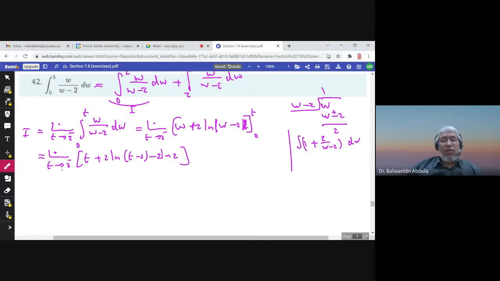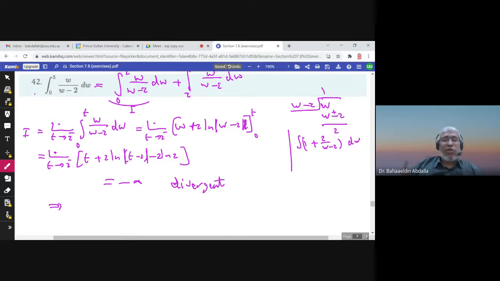If I replace t by 2, notice here I have 2 minus 2, that's 0. And ln 0 is negative infinity, ln 0 plus. So everything here would go to negative infinity, and this integral is divergent.